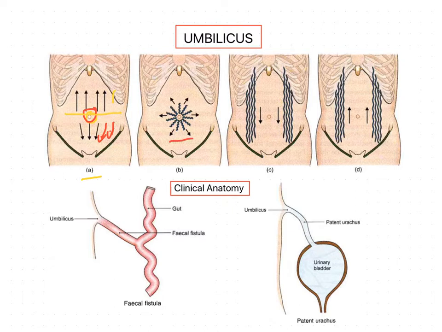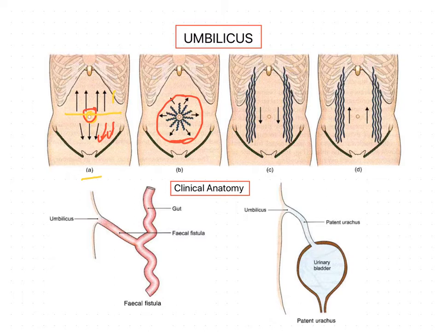Here you can see these dilated veins radiating from the umbilicus. So you can see around the umbilicus, the veins are enlarged. Such a condition is called caput medusae.